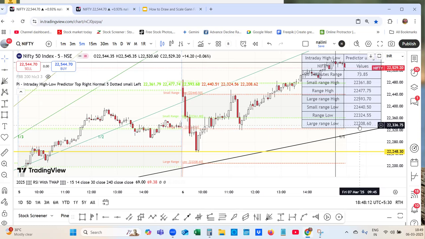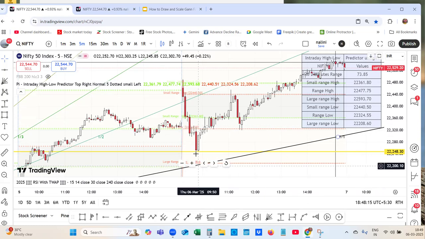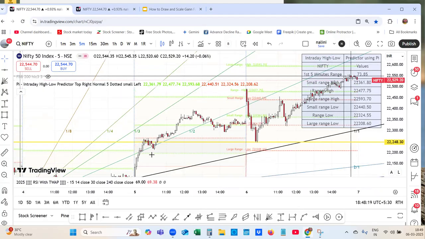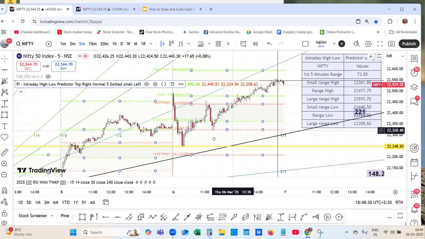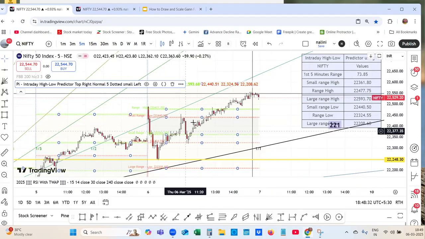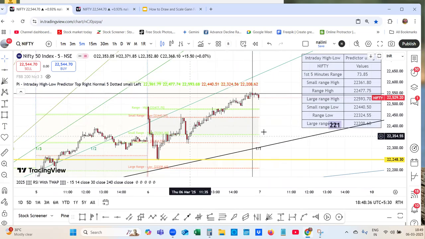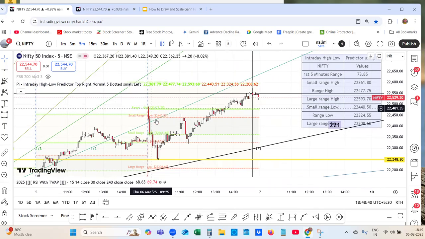Another level it was showing was 22,208. It has plotted. But it did not go there, and you were sure of that. It did not convert into negative. The market took support around this, and the Gann angles will act as support and resistance for the market with the help of our pi calculator.